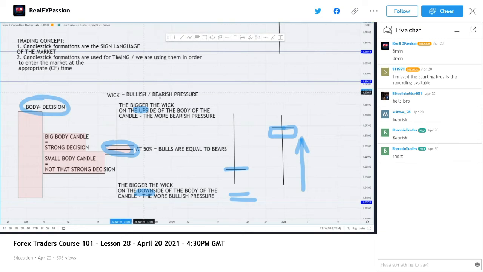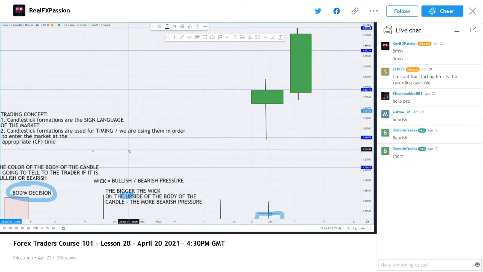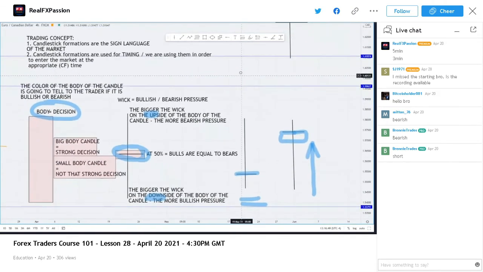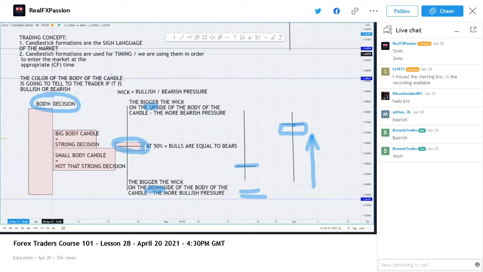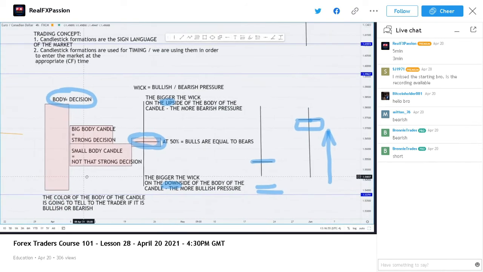Okay, just remember what the candlesticks and candles are for. And this one too, extremely important, talking about the colors. So trading concept, and here, the color of the body. Let's make it better.